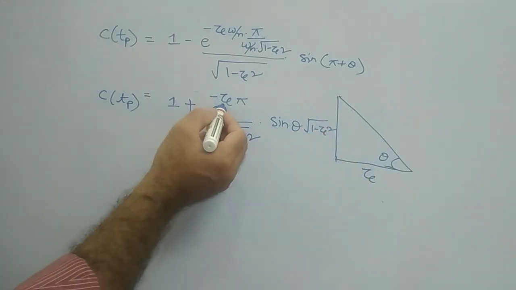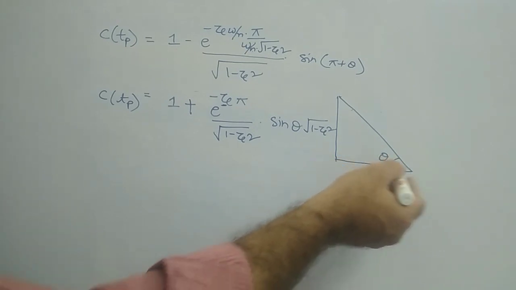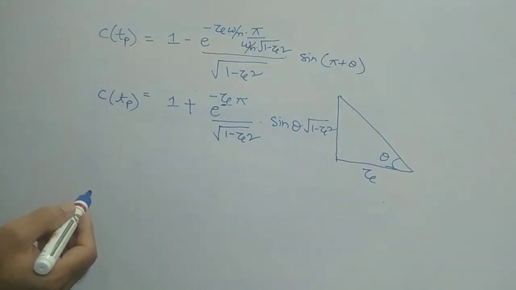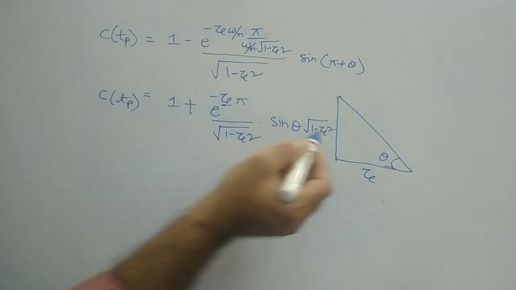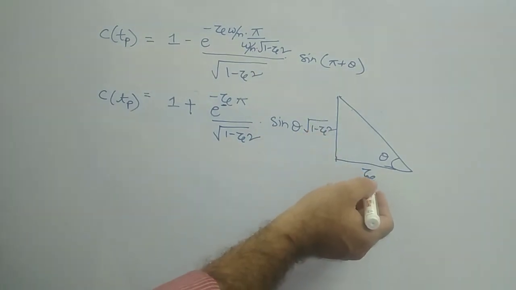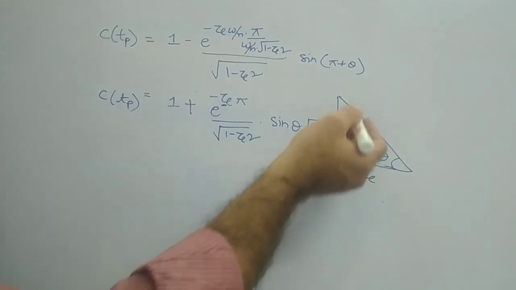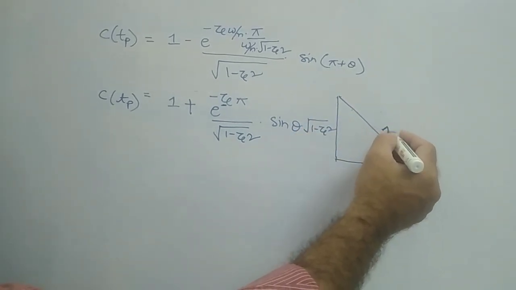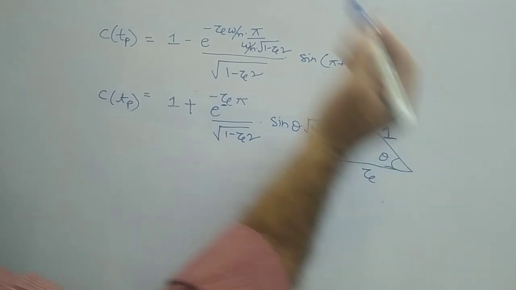Applying the Pythagoras theorem, zeta square plus 1 minus zeta square is equal to 1, so the hypotenuse is 1.